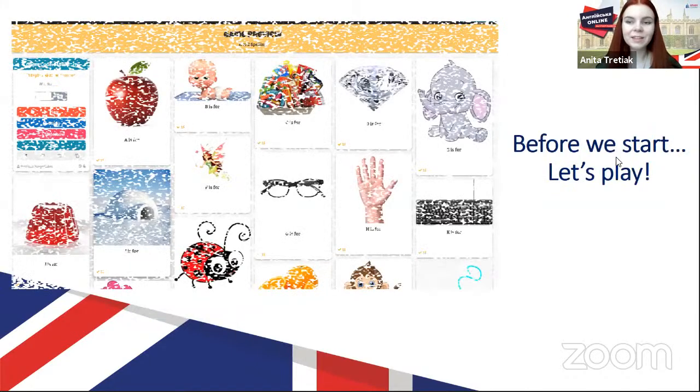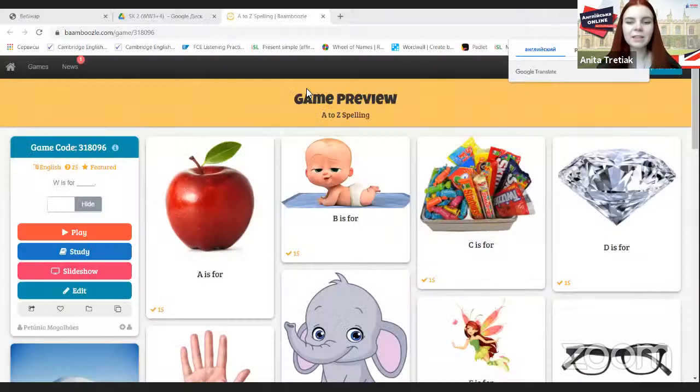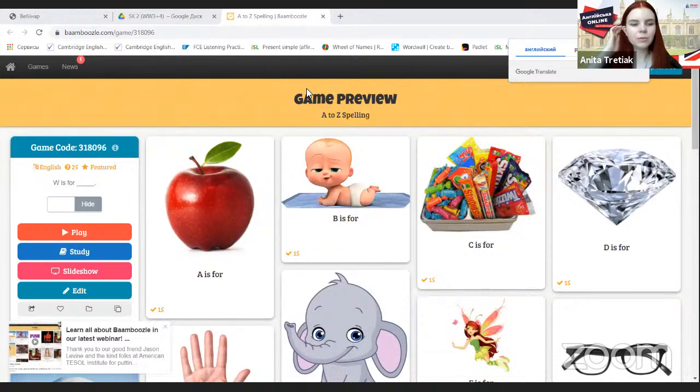But before we start, let's play just a little bit. What do we need to do in this game? Here, we're going to look at the pictures, and also you will see some letters. According to these letters and pictures, you need to name the word which starts with this letter and the word that you can see in this picture.